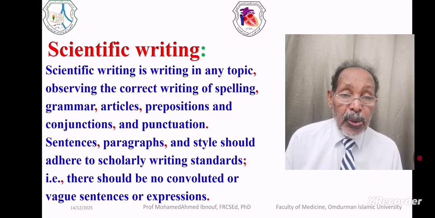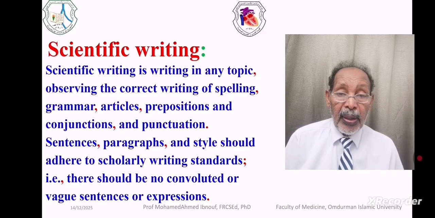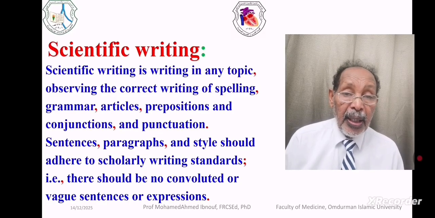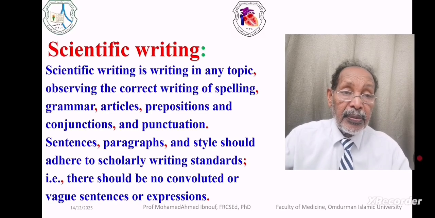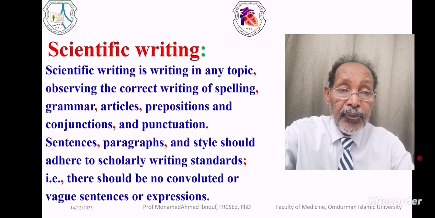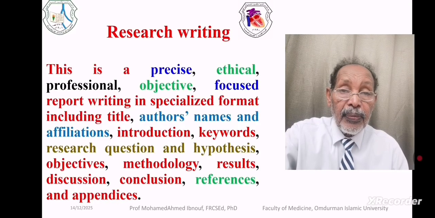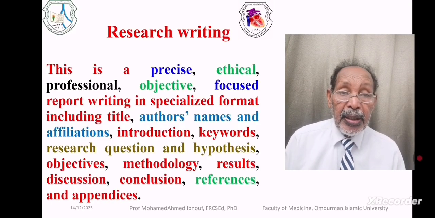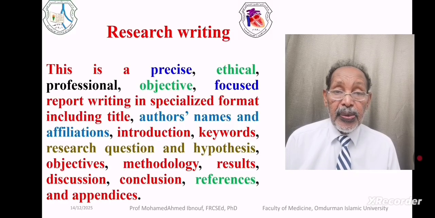Adhere to scholarly writing standards; that is to say, there should be no convoluted, vague, or sentences or expressions. And we put a comma after i.e., that is to say, it is an introductory sentence by itself.